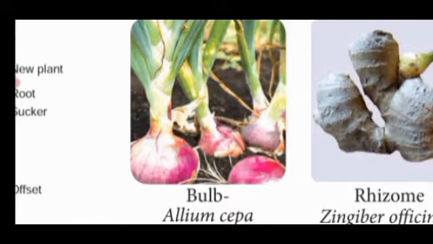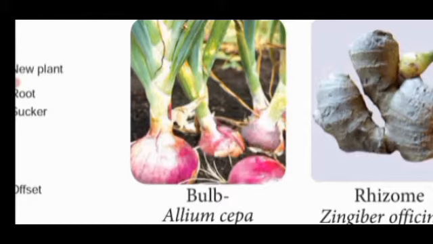One is tunicated. Tunicated means coated bulb, in which the stem is much reduced and surrounded by several concentric layers of scaly leaves. The inner scale is commonly fleshy, whereas the outer one is dry.